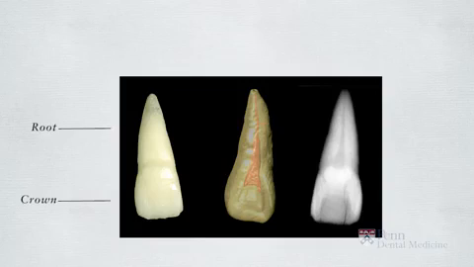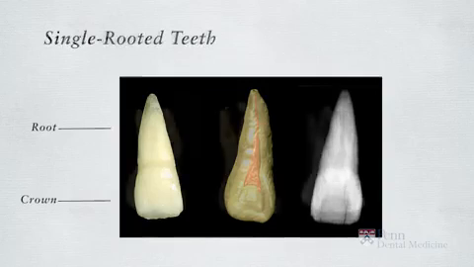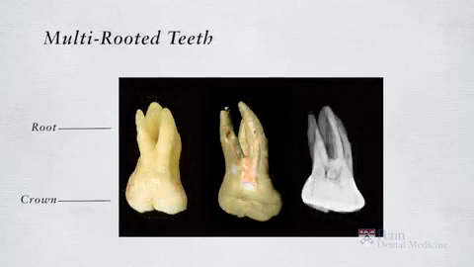The front teeth are generally single-rooted teeth, meaning there is 1 root per tooth. However, the back teeth have 2 or 3 roots. The maxillary or the upper molars have 3 roots per tooth. The mandibular molars have 2 roots per tooth. And of course, the extra roots provide the tooth with additional support.